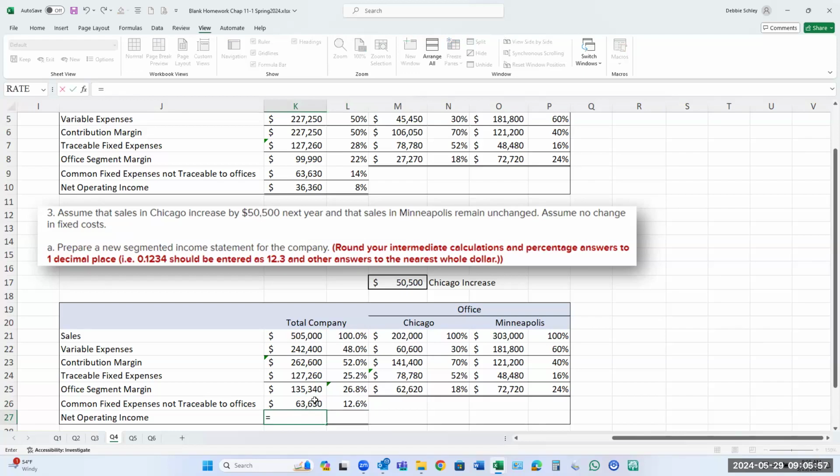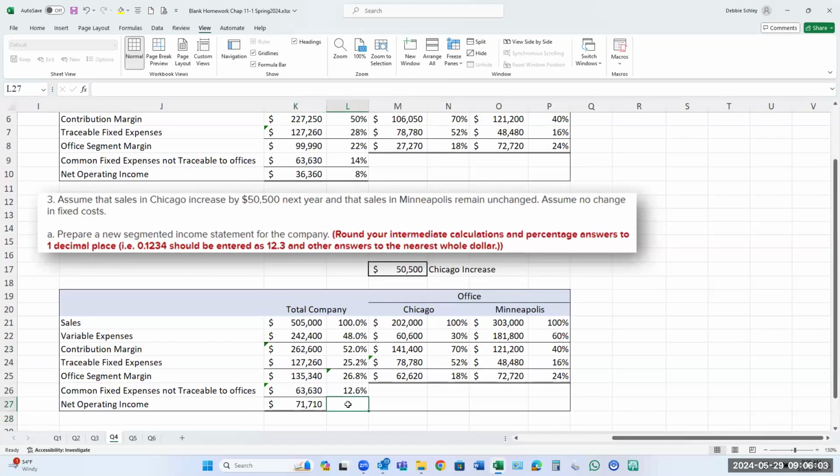And then my net operating income would be office segment margin minus common fixed expenses. And then I'm going to take that and divide that by total sales to get its new ratio. So some of these the book added up for you or calculated for you, but dividing all of these individual numbers by total sales gets you the ratio.